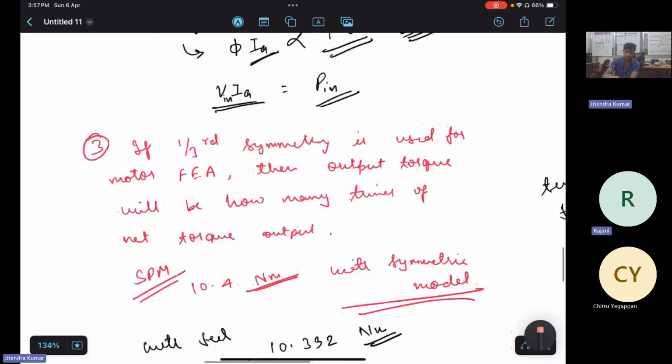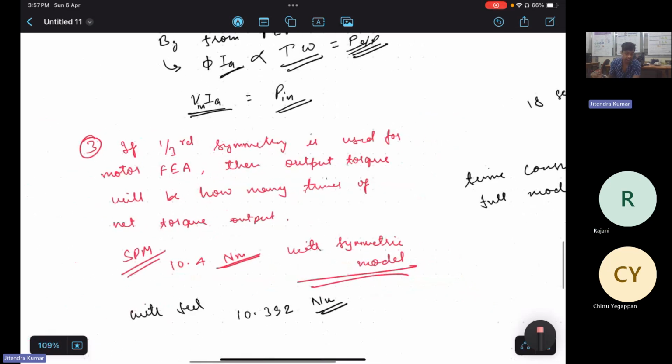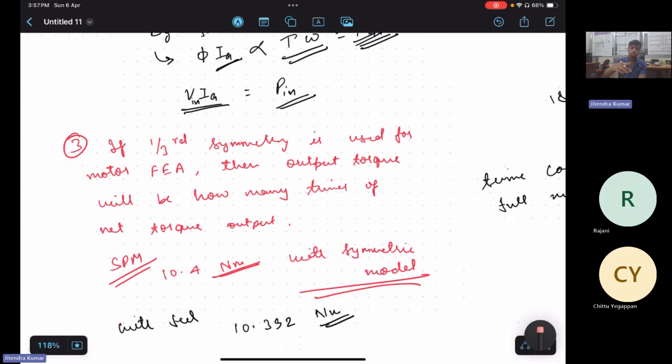But to answer the question we had in front of us, how many times the net torque output will you get if you are simulating with the help of one third symmetry?